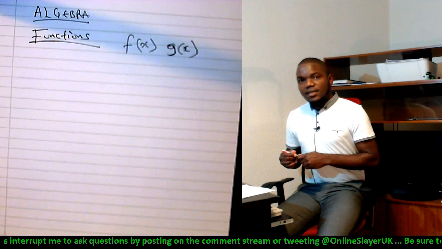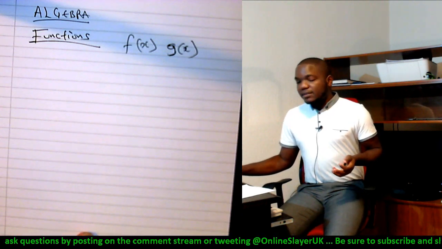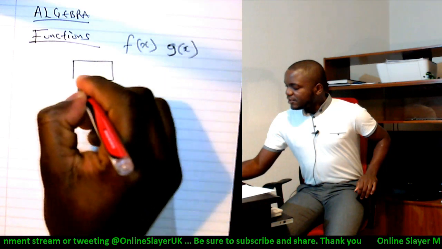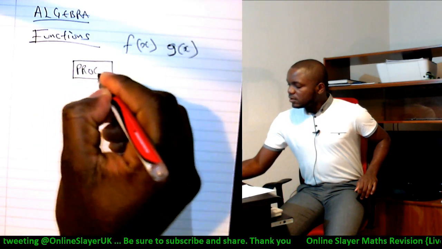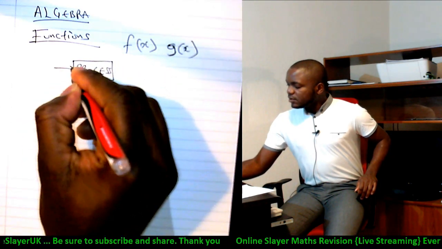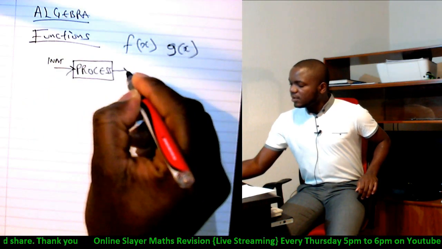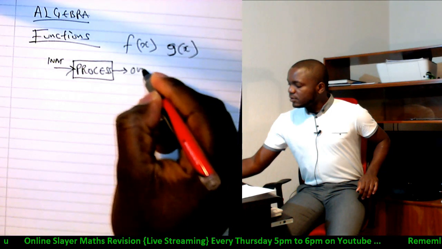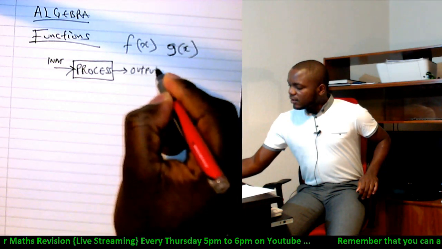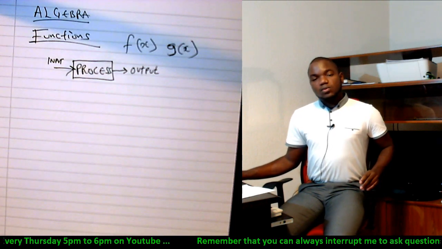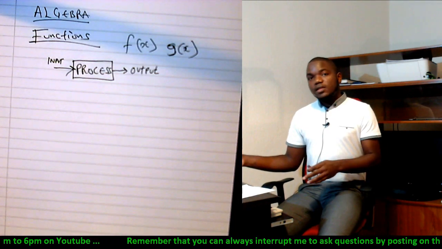Basically, I like to think of a function as a process. Do you remember your definition of a computer? What does the computer do? It takes in input, and it gives out an output. Well, that is just what a process does. You give a process what it needs, and it gives you what you get.